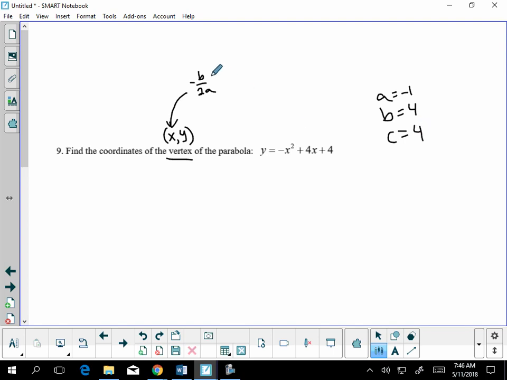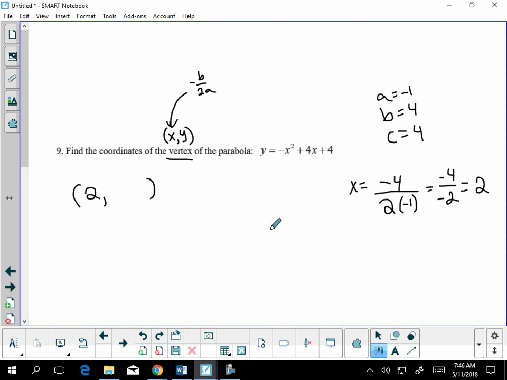So I'm going to plug it into that opposite b over 2a. So I'm going to get negative 4. Oops, I should have that x equals. All over 2 times a, which will be 2 times negative 1. And that gives me negative 4 times negative 2, which is 2. That tells me my x-coordinate of my vertex.